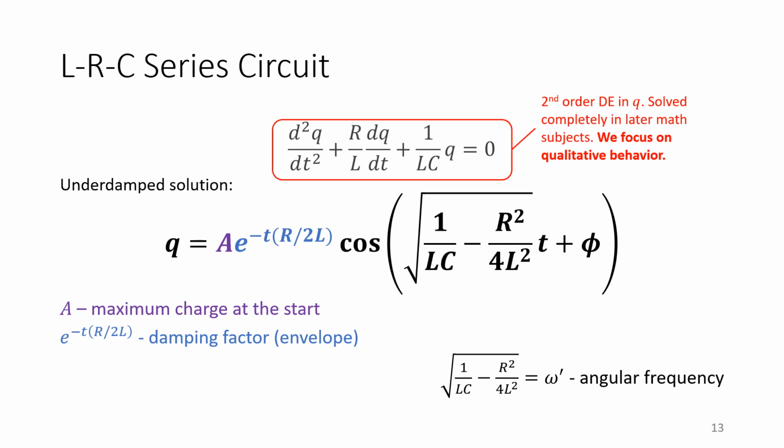For the LC circuit, our angular frequency was actually just this term, 1 over the square root of LC. That's because we considered R equals 0. There was no resistance in the discussion of the LC circuit. And now that our R value is not equal to 0, we have to consider this little term here.